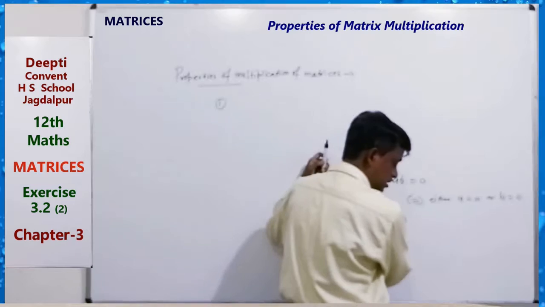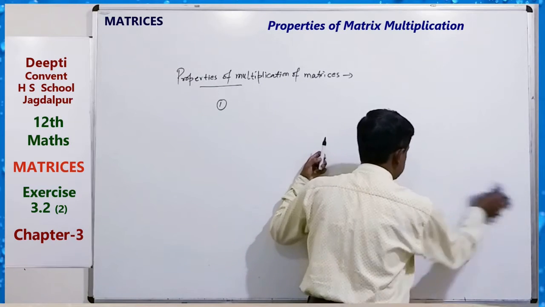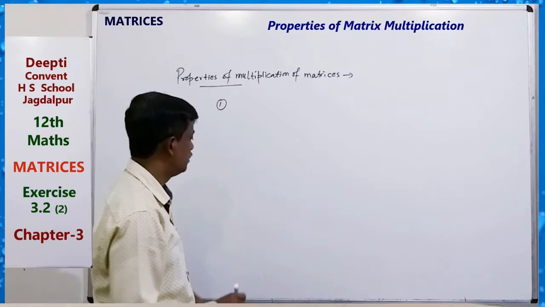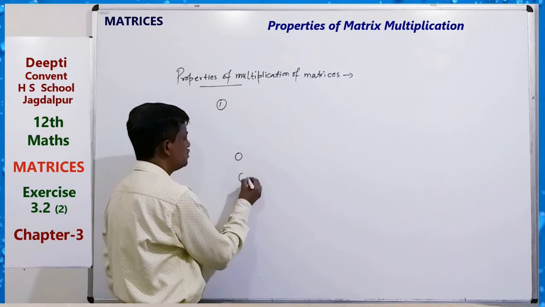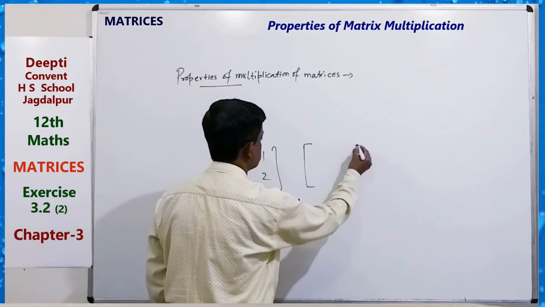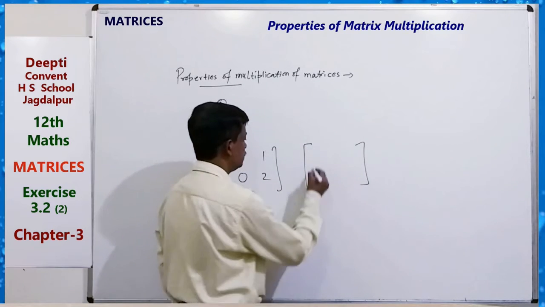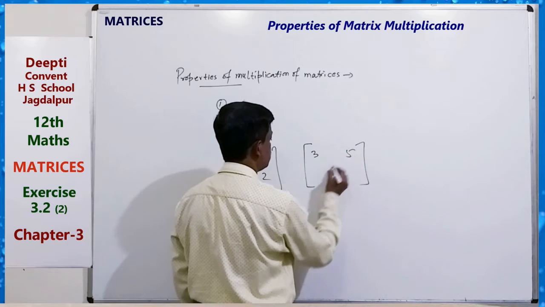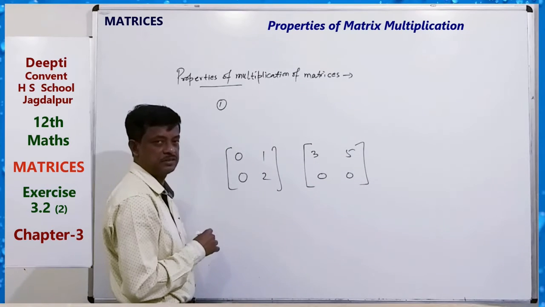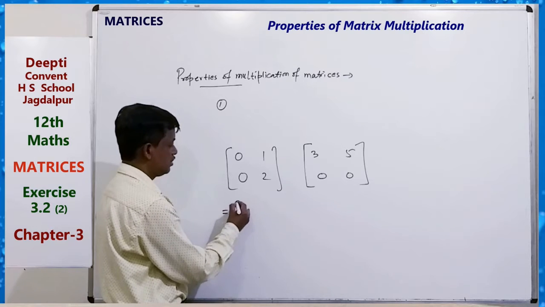Here we can see an example. Suppose we have the matrix 0 1; 0 2, and the matrix 3 5; 0 0. The product of these matrices is what?